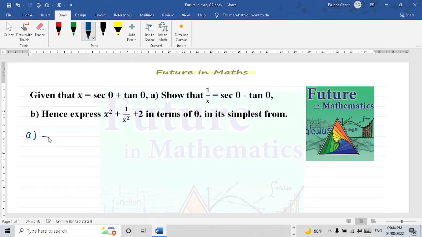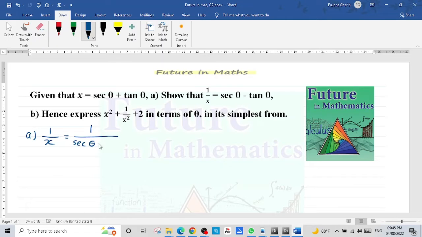1 over x equals 1 over sec theta plus tan theta. We can write this in the form 1 divided by, open bracket, sec theta plus tan theta.